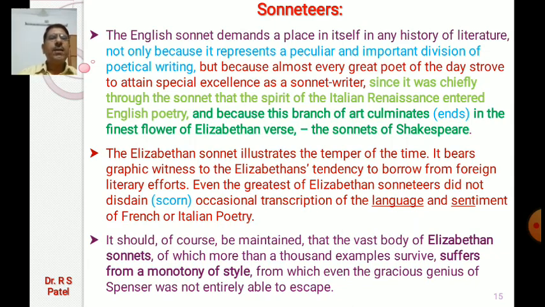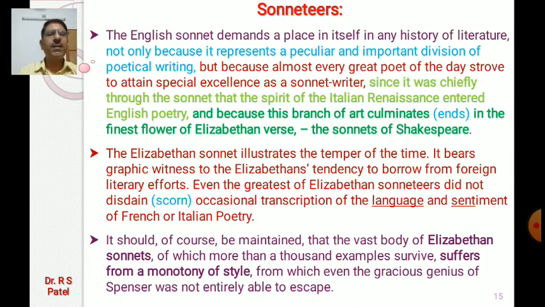The English sonnet demands a place in itself in any history of literature, not only because it represents a peculiar and important division of poetical writing, but because almost every great poet of the day strove to attain special excellence as a sonnet writer, since it was chiefly through the sonnet that the spirit of the Italian Renaissance entered English poetry, and because this branch of art culminates in the finest flower of Elizabethan verse, the sonnets of Shakespeare.